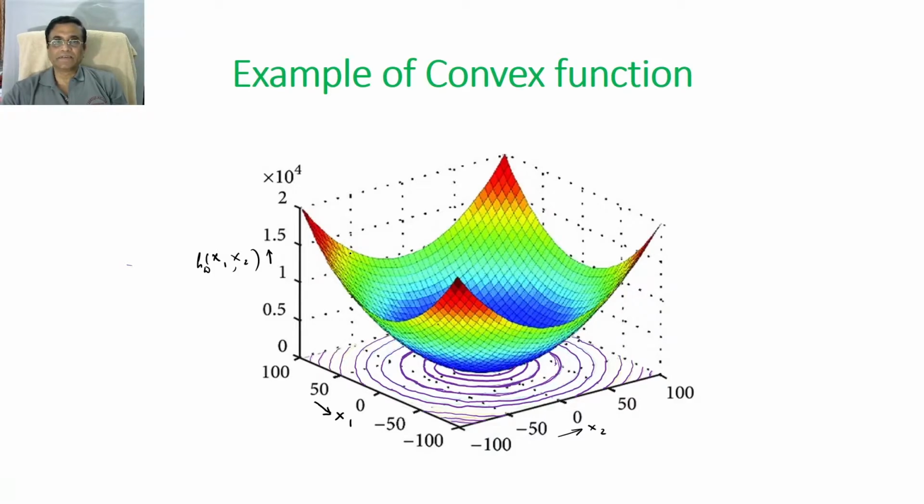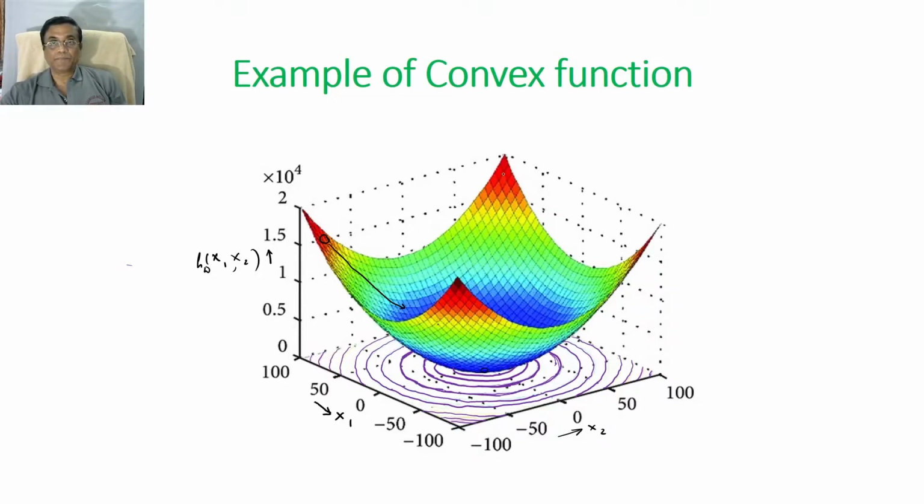You can consider it as a bed sheet tied at the four corners, and the method of optimization works like this. Suppose you are rolling a ball from here. What will happen? The ball will trickle down, roll down, and settle at the bottom, right here.